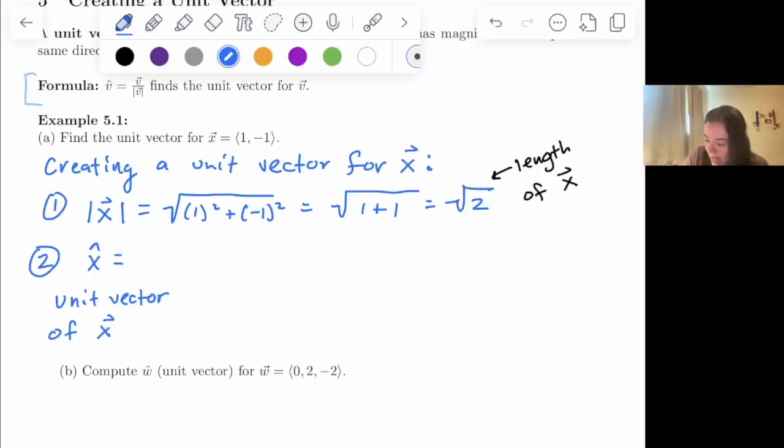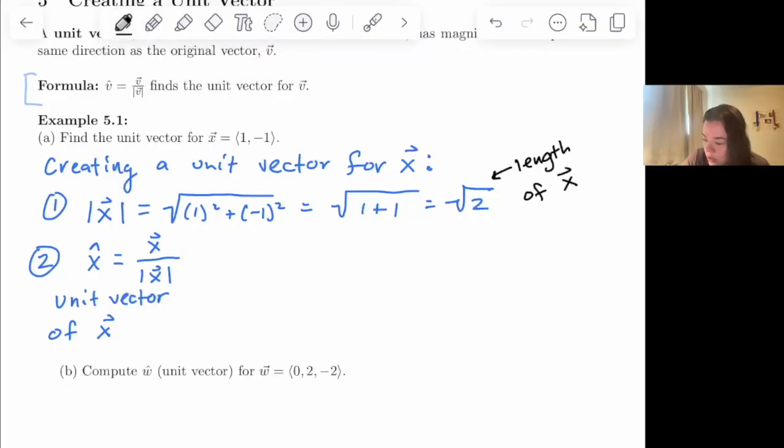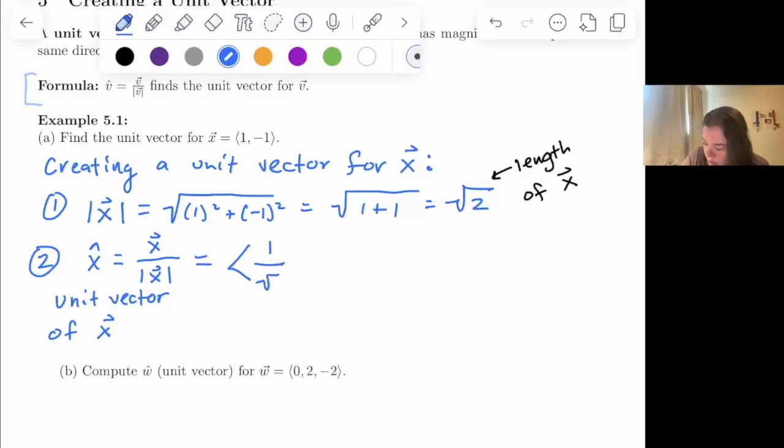The way you do that is by taking the vector itself and dividing by its magnitude, shrinking it down to size or growing it up to size. Mathematically, you take your vector x and divide each of its components by the magnitude we just found.